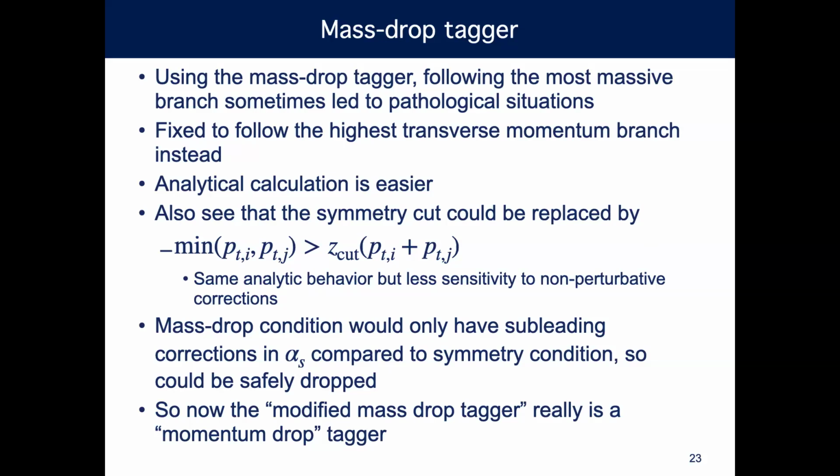I'm not going to go into it too much because it's challenging to get to, but I will highlight a few areas where resummation and non-perturbative effects are important. What they did instead is create this modified mass drop tagger, but it's really a momentum drop. Instead of the most massive branch, they follow the strongest pT branch. And that actually works better.